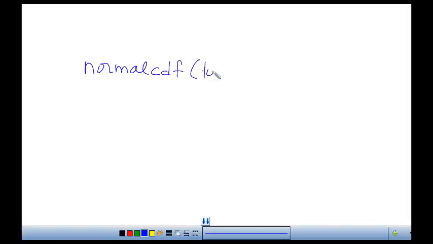Is lower bound, upper bound. And the default values for the mean and standard deviation are 0 and 1. If we don't say anything, it'll assume 0 and 1, which is what we should do all the time.